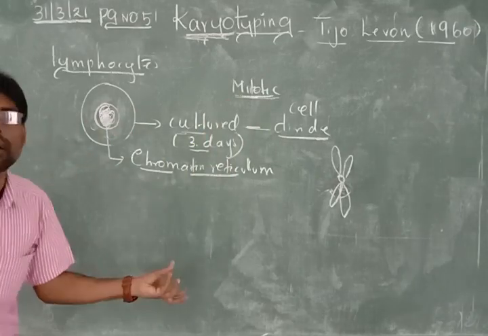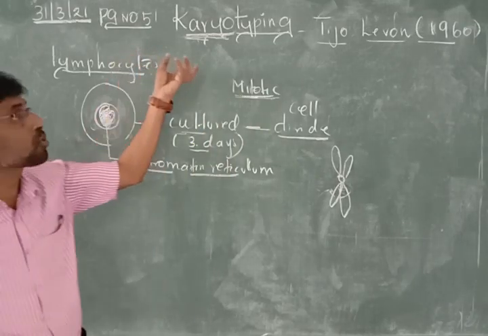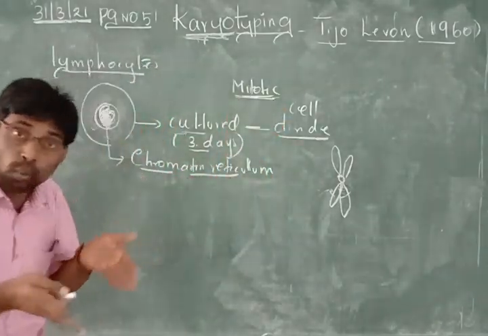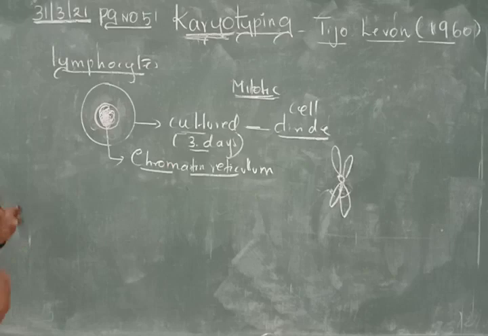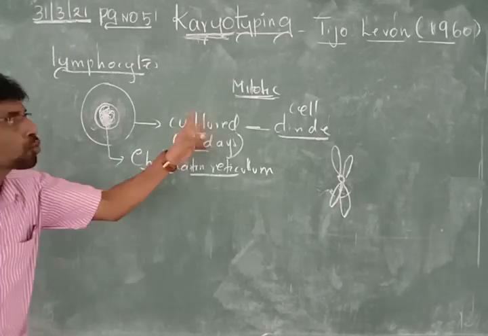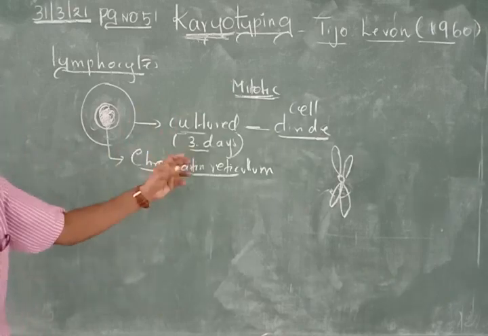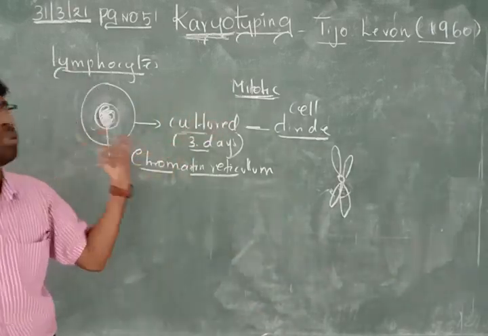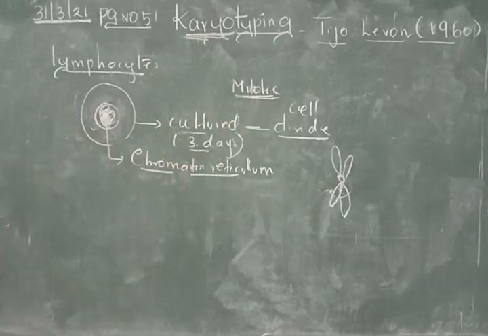You can do it in meiosis, but chromosome details can be best studied only in mitosis. Though you can do it in meiosis, taking body cells is very easy compared to reproductive cells, and that is why most karyotypical studies are made in mitosis rather than meiosis, because it's easy to obtain somatic cells, body cells.